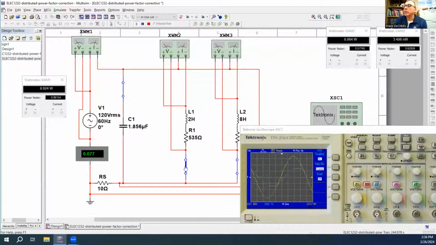So we energize load 2, de-energize load 1, and now we've gone completely in the other direction, which is not what we want. This is an example of centralized power factor correction. So we're going to get into distributed power factor correction, where we correct each load separately.